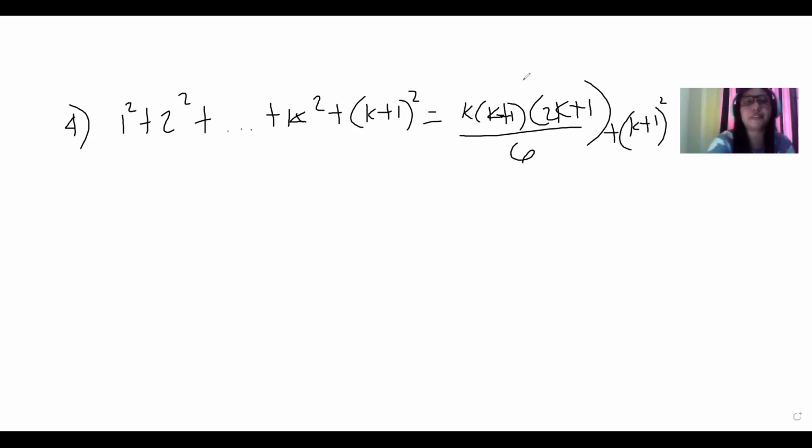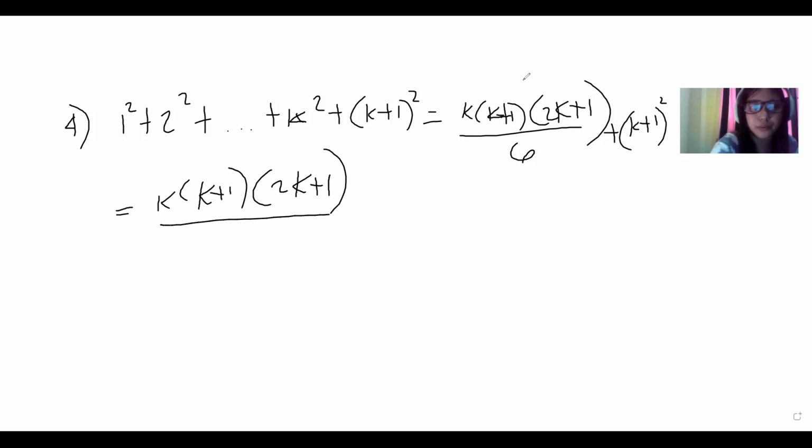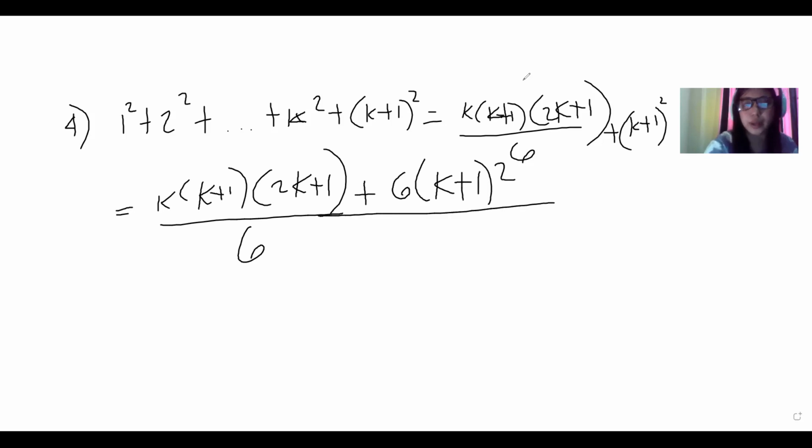We will simplify this. So we have k times k plus 1 times 2k plus 1 over 6 plus 6 times k plus 1 squared over 6, and then we will factor out.